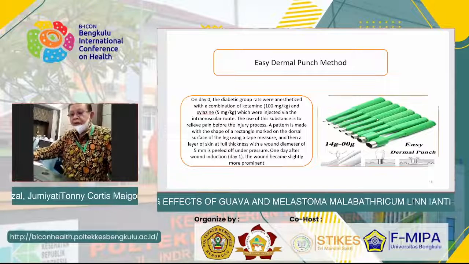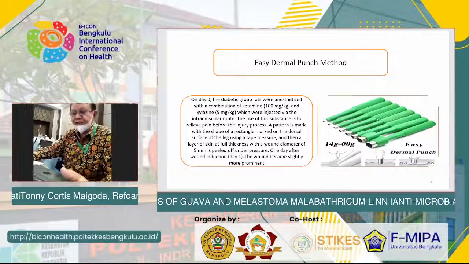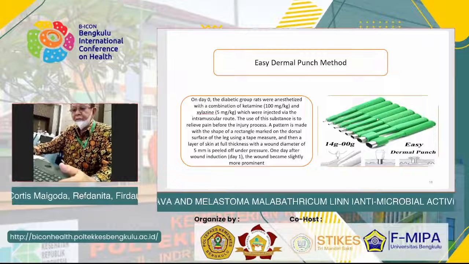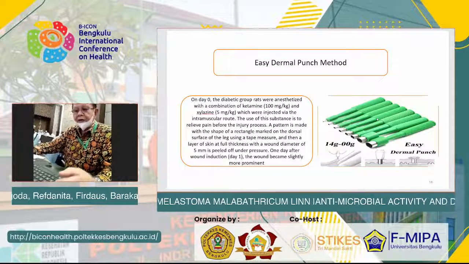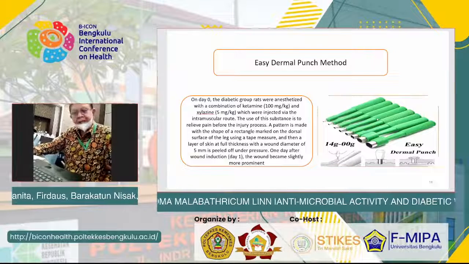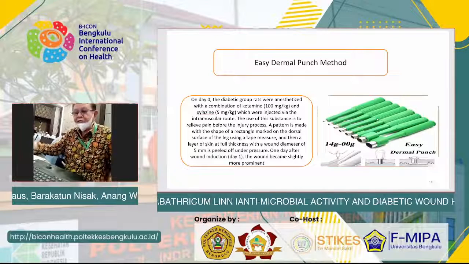The diabetic group were anesthetized with the combination of ketamine 100 milligrams per kilogram and xylazine 5 milligrams per kilogram, which were injected via intramuscular route. The use of the substance is to relieve pain before the injury process, so the rat is free from pain.